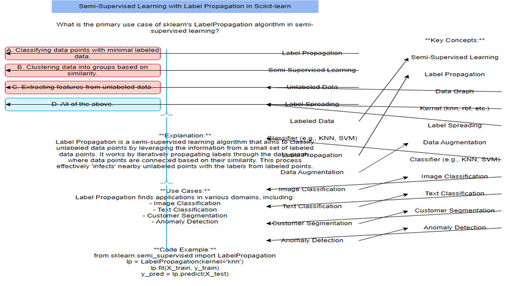Semi-supervised learning. Clustering. Data graph. Kernel KNN, RBF, etc. Customer segmentation. In customer segmentation, you might use a clustering algorithm to group customers into segments based on their purchase history, demographics, etc. However, label propagation is not directly used for this purpose.